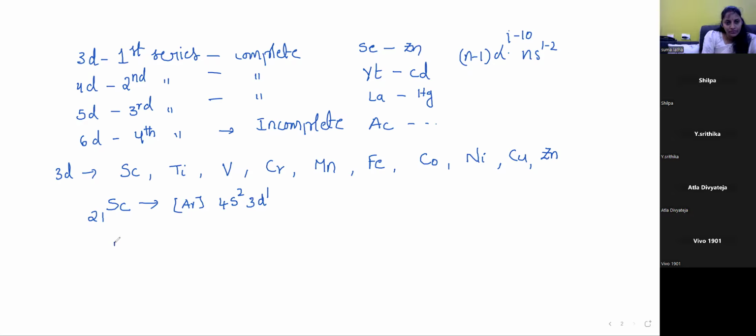Next, titanium, atomic number 22: argon 4s2 3d2.